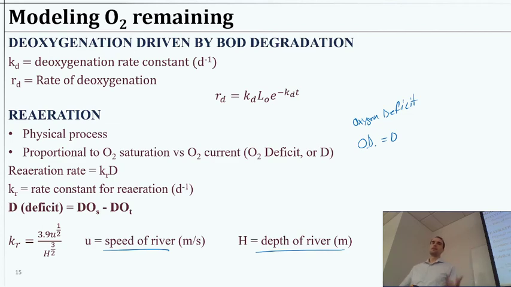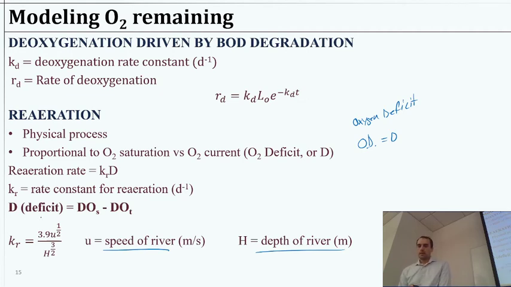The deeper it is, the less aeration. And so just by checking 100 different streams or rivers, measuring these parameters, measuring the reaeration rate constant with some experimental method, they came up with this relationship to say that value. Okay, so that's not derived from anything specific. That's just an empirical relationship there.